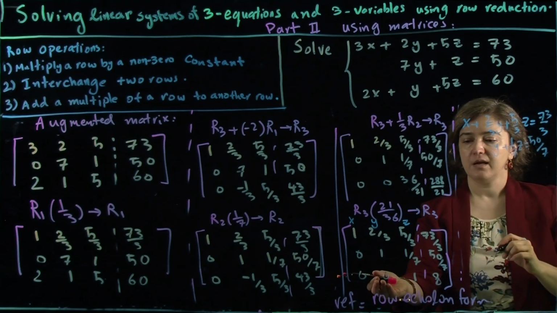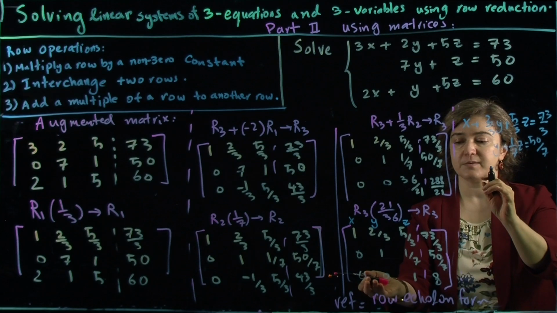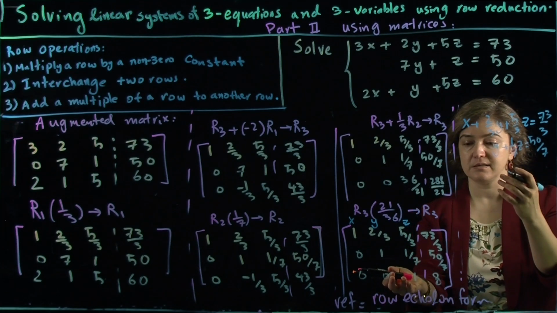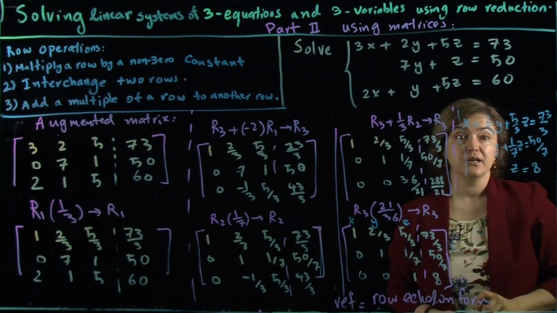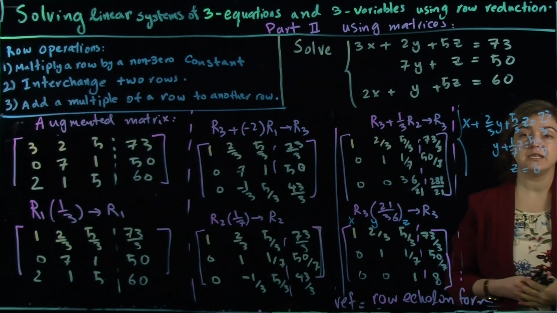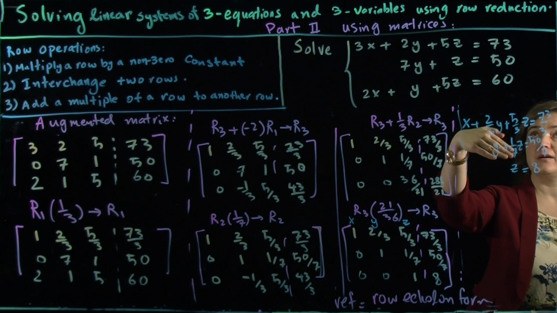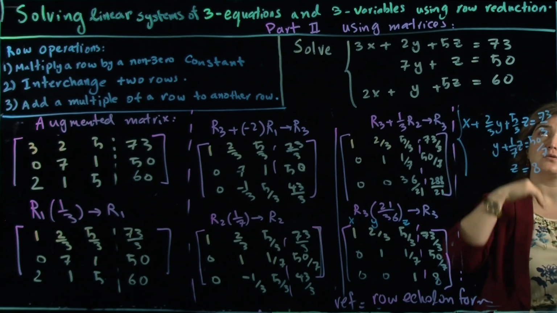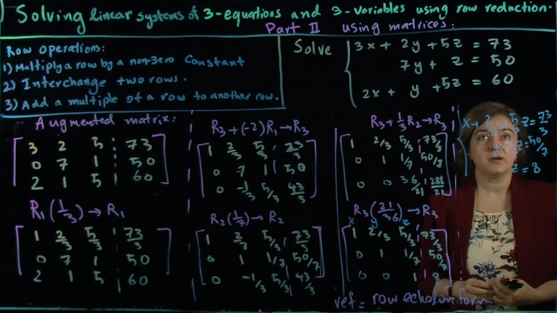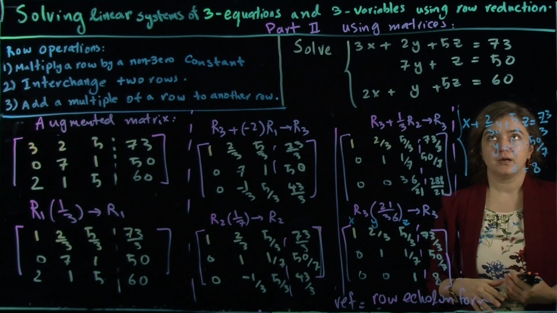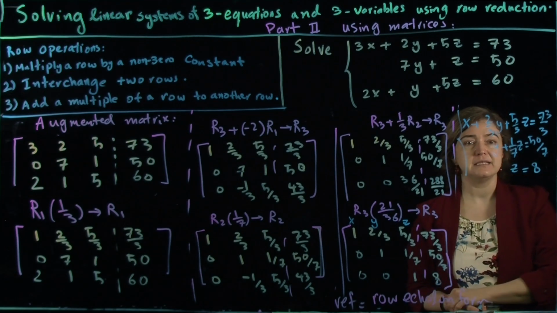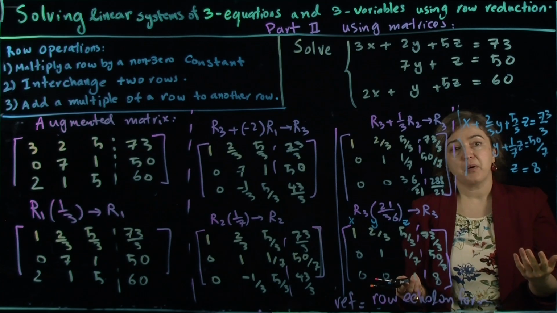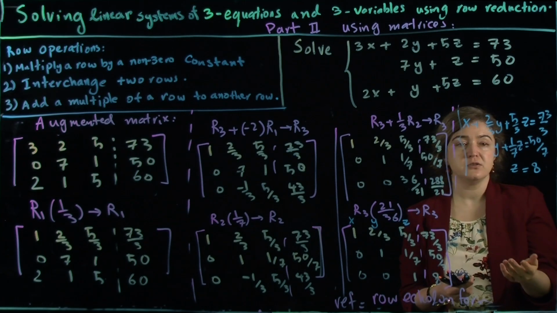Third one: 0 times X plus 0 times Y is 0, Z equal to 8. So if you go back to the videos, you see that the last step that we did, the system was in the row echelon form, was exactly this system. The process from now on is easy to do.